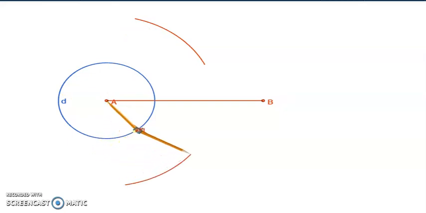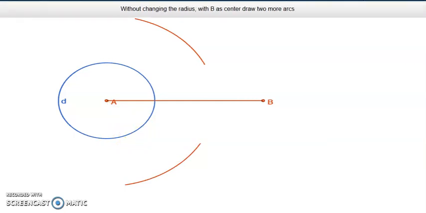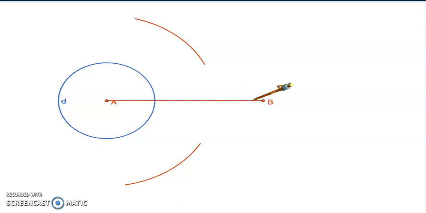Then, without changing the radius, with B as center, let us draw 2 more arcs intersecting the previous arcs. Let us mark the points of intersection of these arcs.